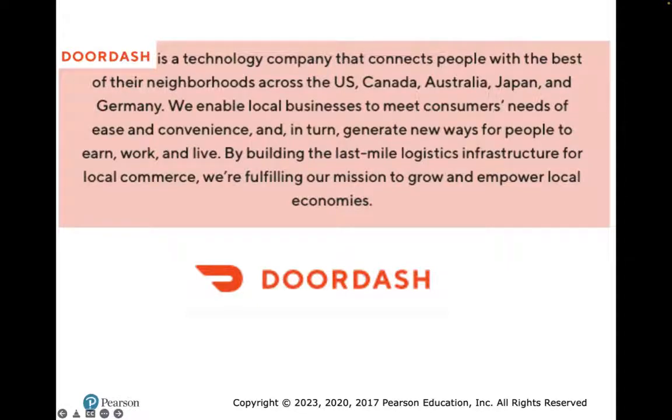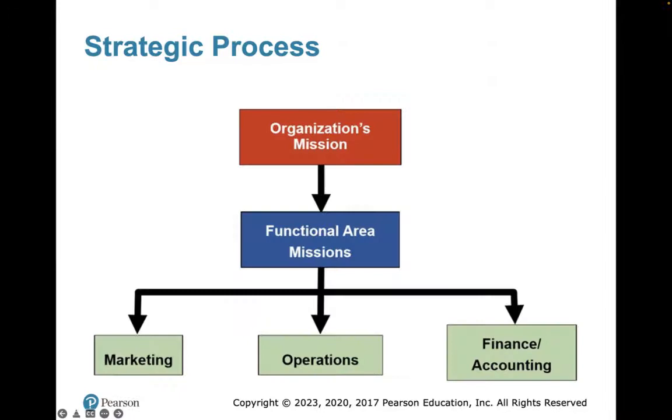Now, once we have those missions, let's look at what that means in terms of strategy. Well, once we have our mission statement, we can then focus on the organization in three different components. Of course, this course is going to focus on operations, okay? But what we recognize now is we know the mission statement, and we need to make sure that every operational decision is going to support that mission, okay?